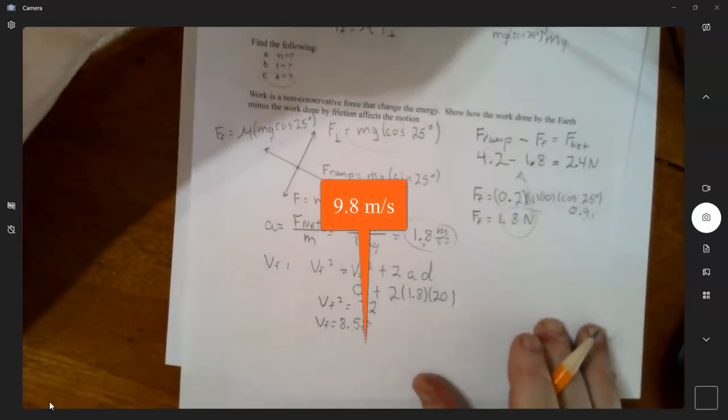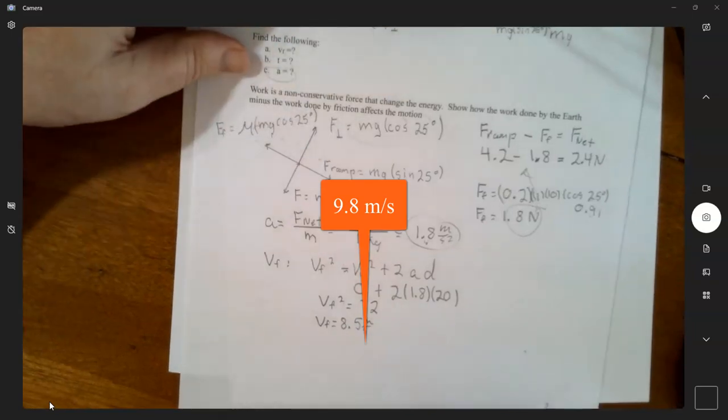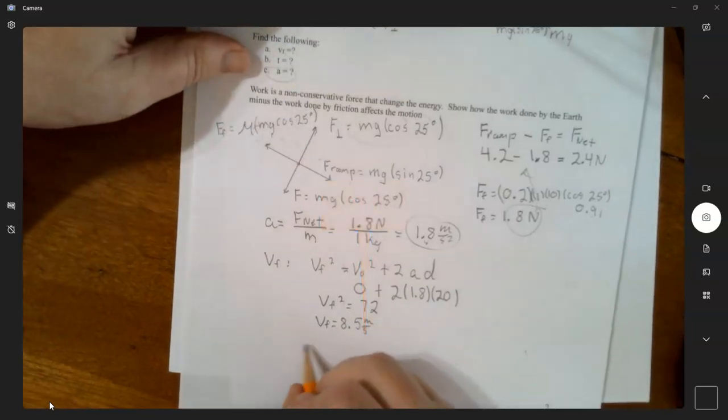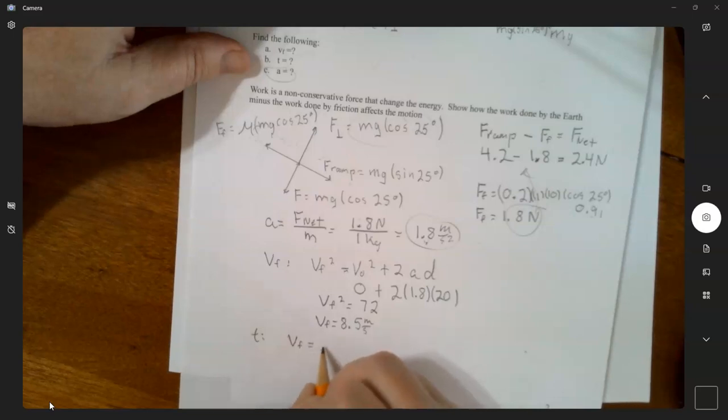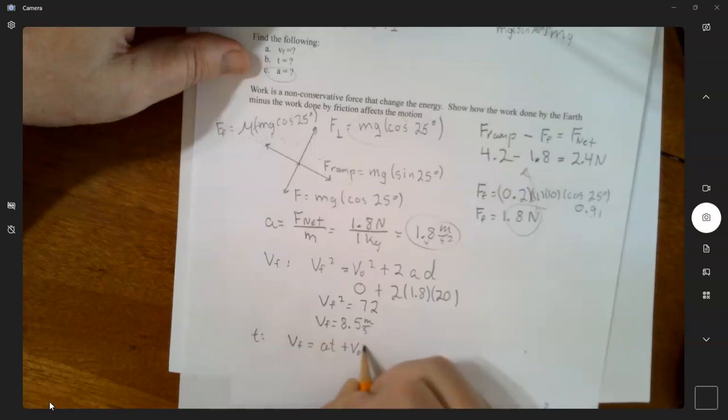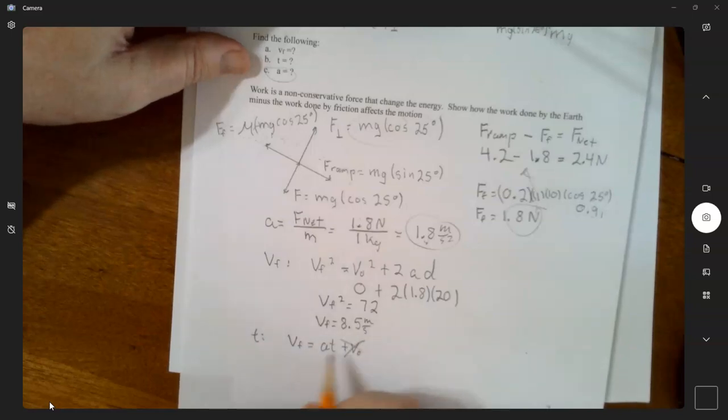Okay, now we want to know the time. So we could simply use this. No initial velocity. Do the algebra.